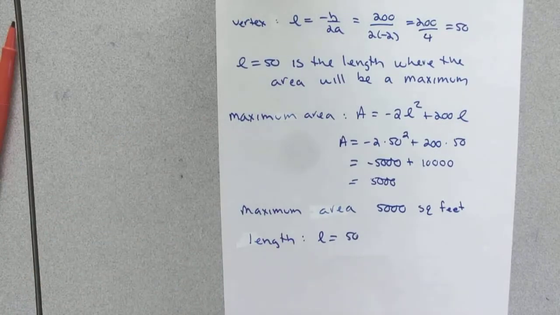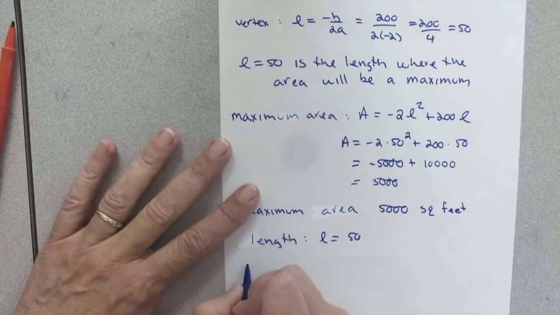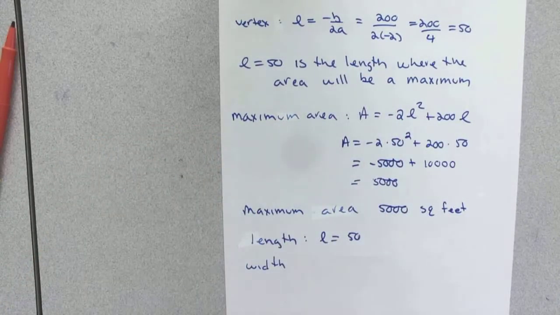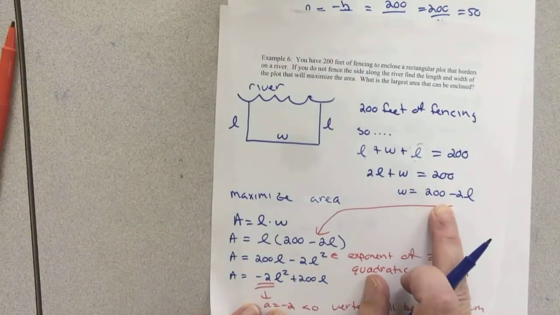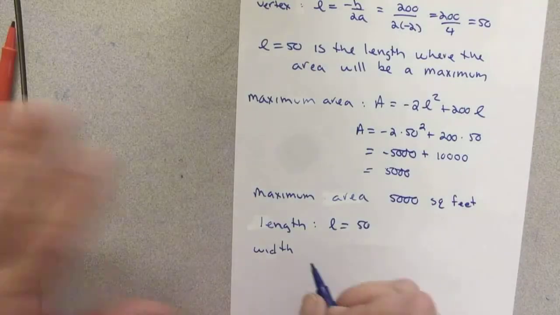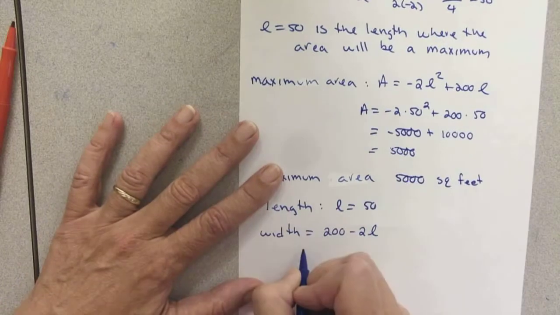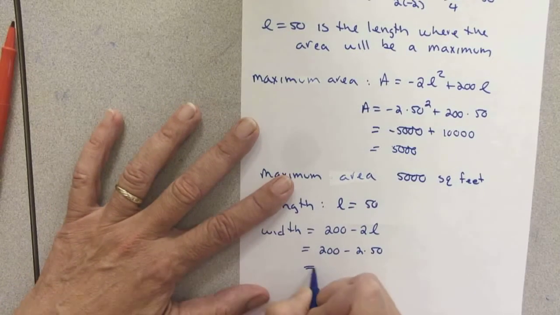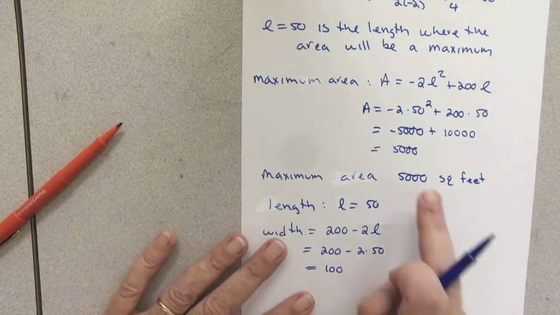And the last thing we need is the width, because it said find the length and width. So the width, and it's not on this page, but back over here, we had a formula for the width. The width was 200 minus 2L. And so 200 minus 2 times 50, which would be 100. And so there's my answers.